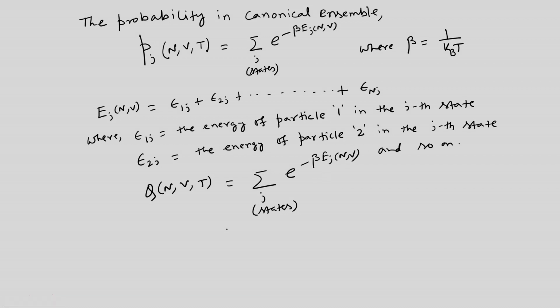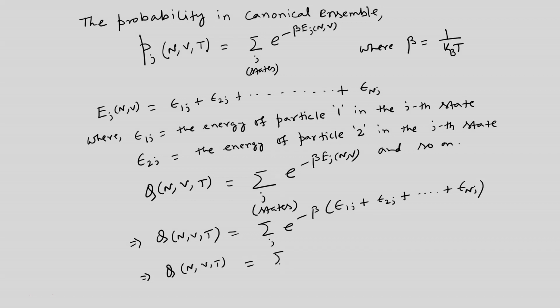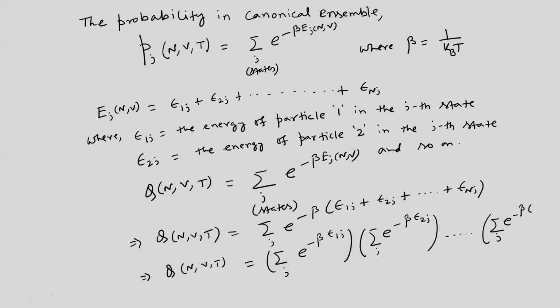Now, if we substitute the value of Ej here, we get the sum over j e to the minus beta, and we can further reduce this expression like this.